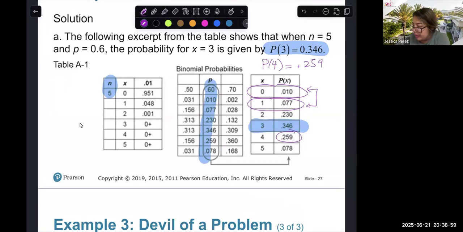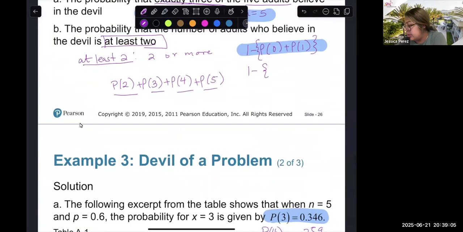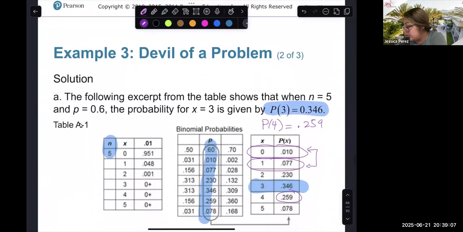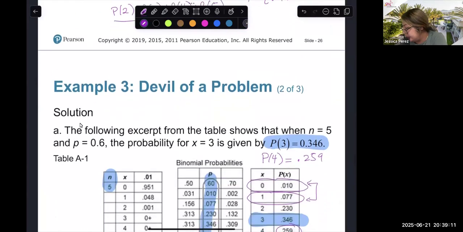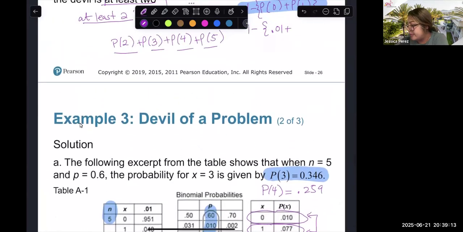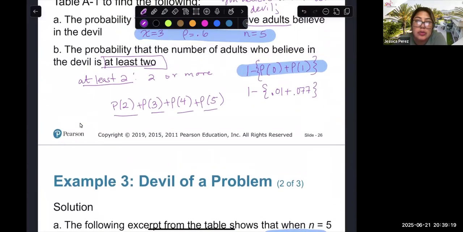But now I want to find the probability of at least 2. So I'm going to do 1 minus the probability of those that don't believe, 0.01, plus 0.077. Those are the probabilities for less than 2.